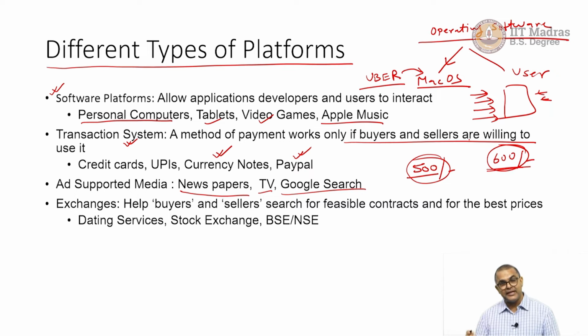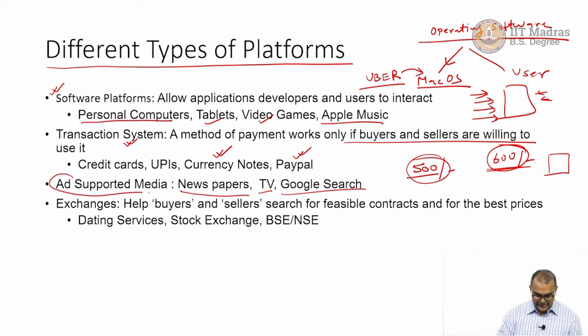The advertisement company is better off because they are able to push their advertisement, and the platform is also better off because it is also getting some commission. So this is the way much content is supported by advertisement, and that's why there is a category called ad-supported media. And then there are exchanges, which help buyers and sellers search for feasible contracts and for the best prices.